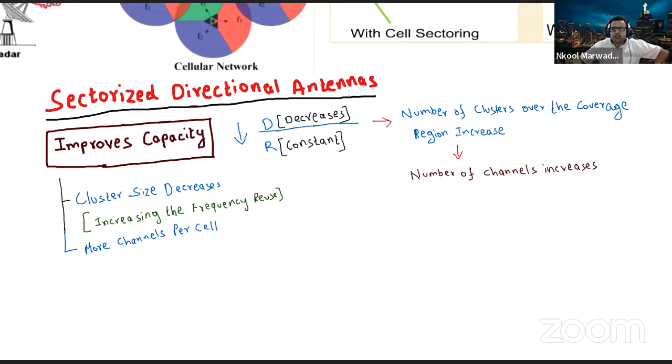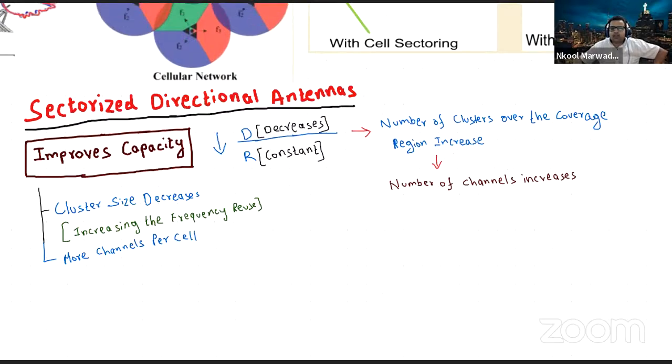And now whatever discussion we made, it is very clear that since the cluster size is decreasing, the co-channel distance has to decrease. Because the cluster size is decreasing, the channels with similar frequencies will be closer to each other, and hence the capital D will decrease.